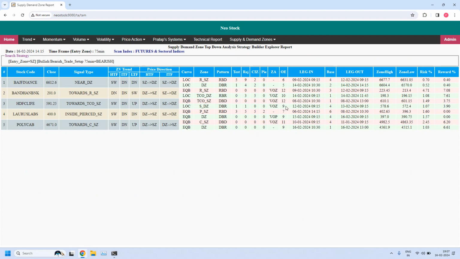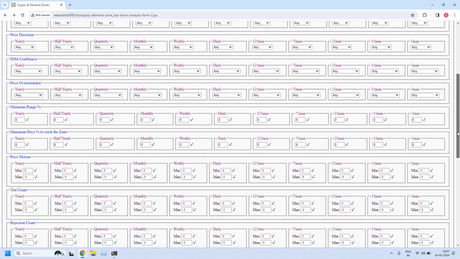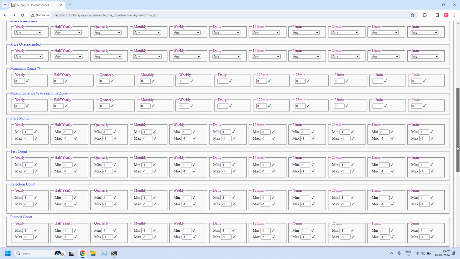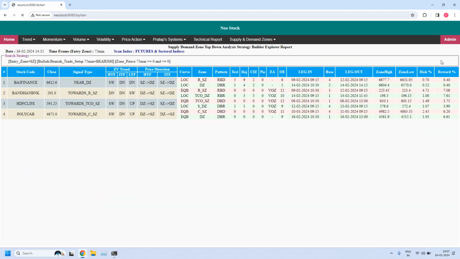Out of these 5, one stock is a pierced zone, Laurus Labs. Let me filter that out, so as not to create unnecessary confusion. So at 75 minutes, I'm setting pierced count to 0. Now 4 stocks are filtered instead of 5. Bank of Baroda is moving towards the supply zone, that is the resistance supply zone.